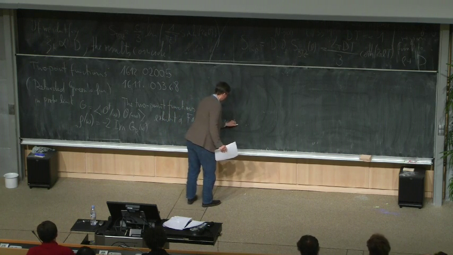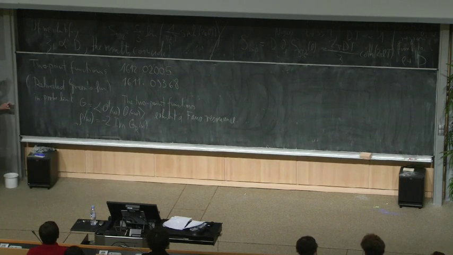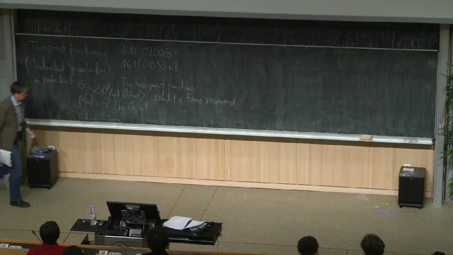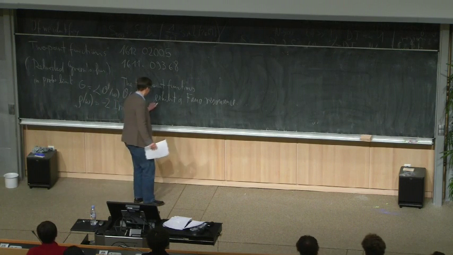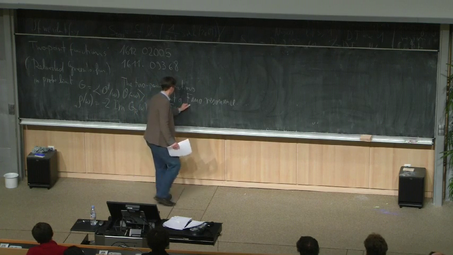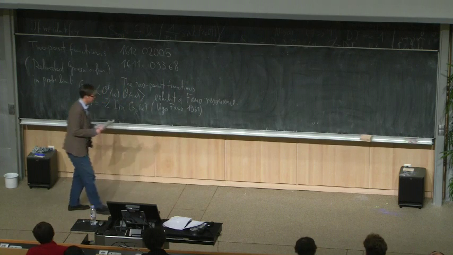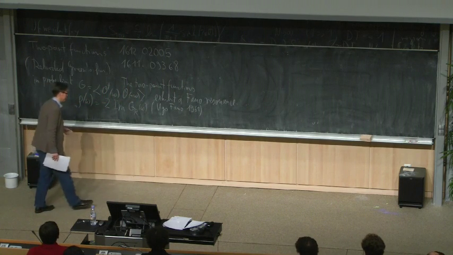Fano was an Italian physicist, I think his name was Ugo Fano, and he wrote about this already in 1961. This is something which occurs, for instance, in quantum dots.